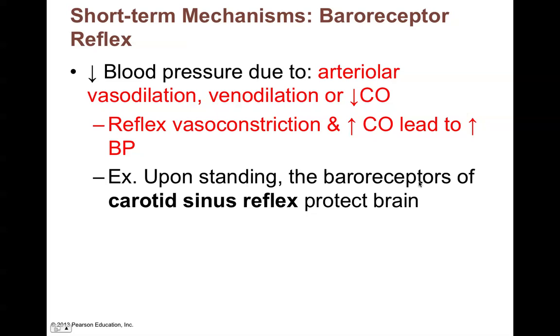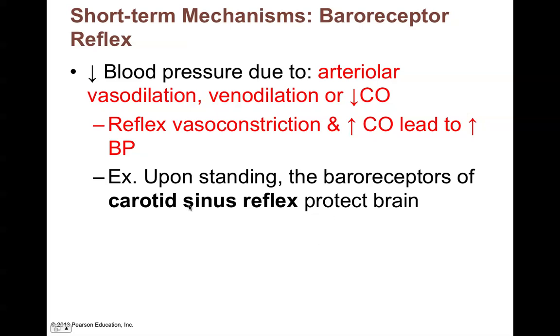Upon standing, the baroreceptors of the carotid sinus reflex will actually protect the brain. You may have seen pictures of people standing for a long period of time. They can suddenly pass out because it's going to affect the baroreceptors in the carotid sinus that are going to the brain.